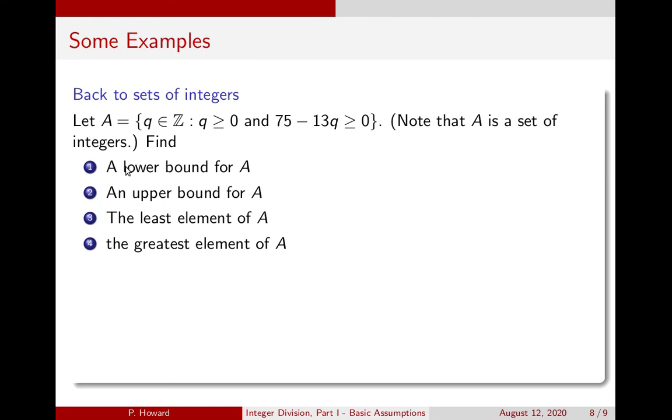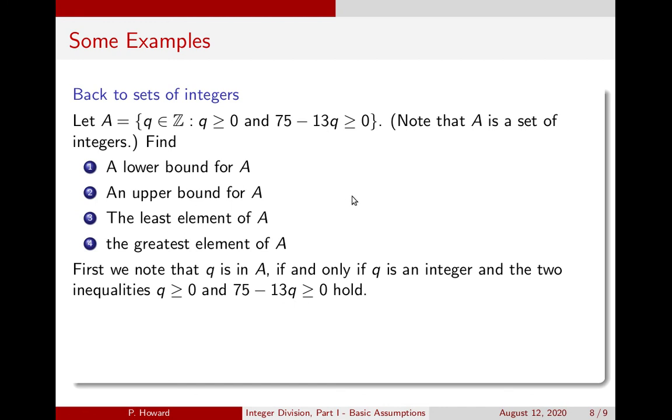So we want to find a lower bound, we want to find an upper bound. Once we've found a lower bound, the least element property will guarantee us that capital A has a least element. And once we've found an upper bound, the greatest element property will guarantee us that A has a greatest element, and we want to find those.